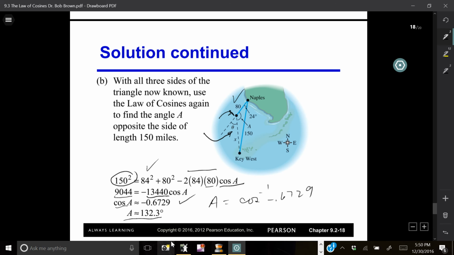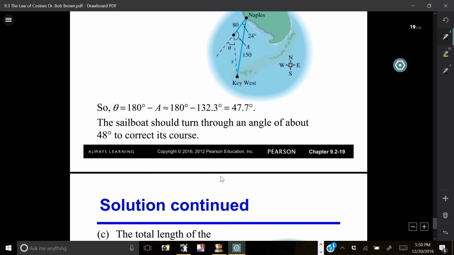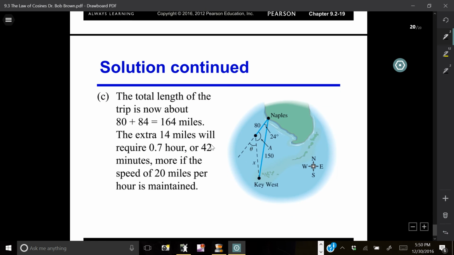So if A is 132.3 degrees, the angle it should turn would be 180 minus A, which is 47.7 degrees. So the sailboat should turn through an angle of about 48 degrees to correct its course. The total length of the trip now is 80 plus 84 equals 164 miles.